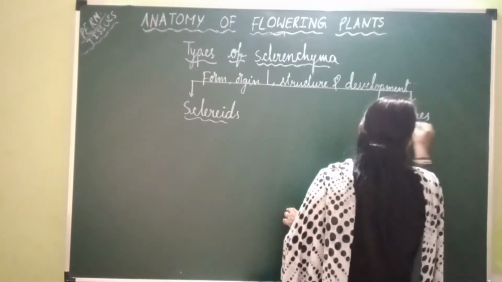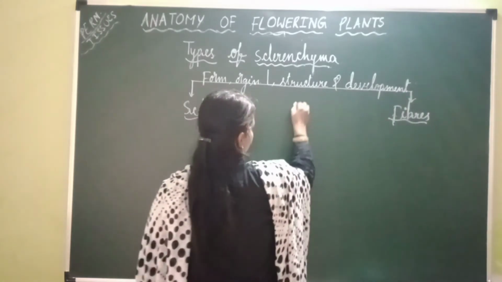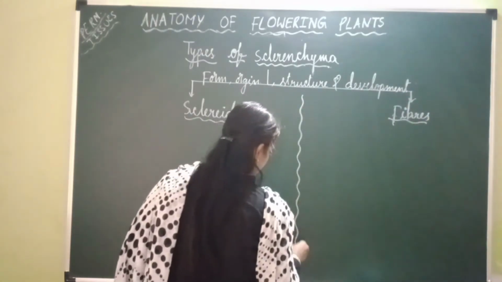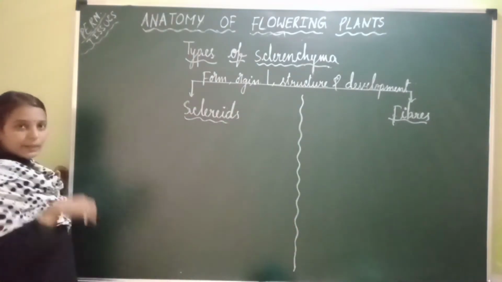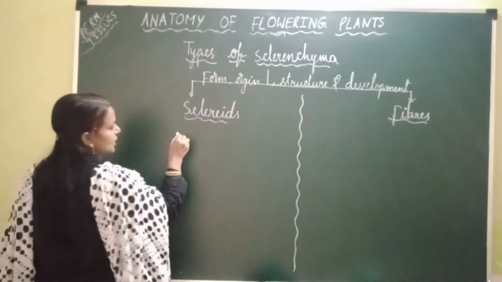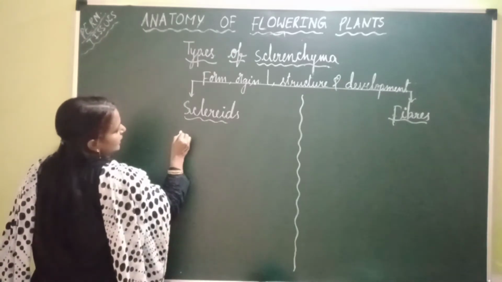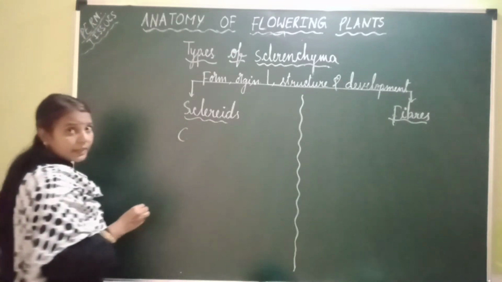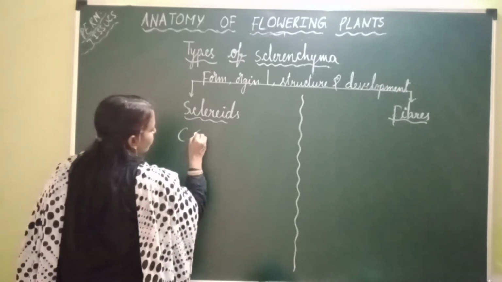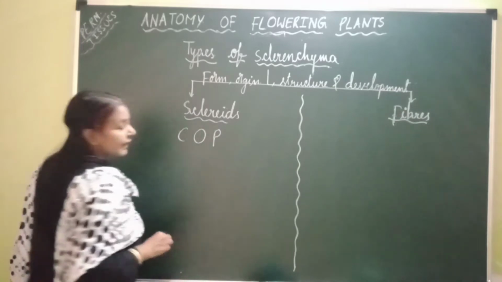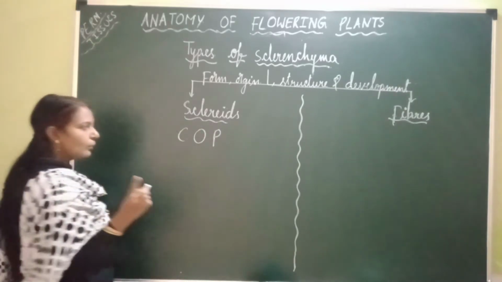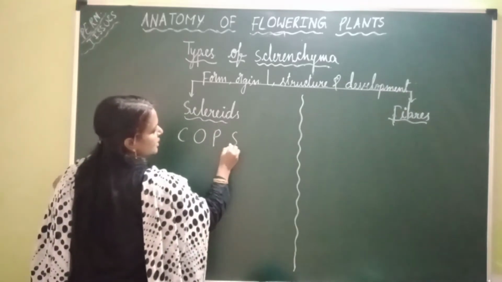Right. Let's study the differences between sclerids and fibres. The shape of sclerids is generally cylindrical, oval, polygonal or spherical.